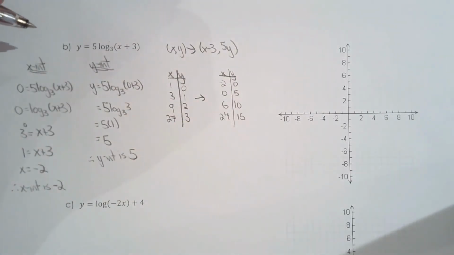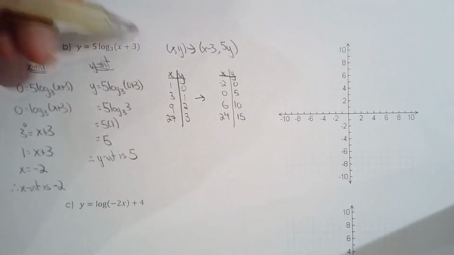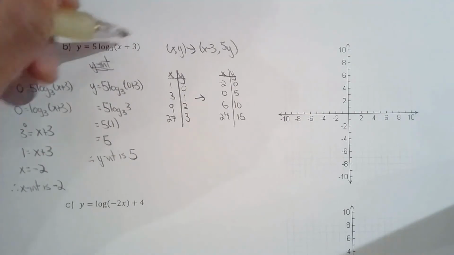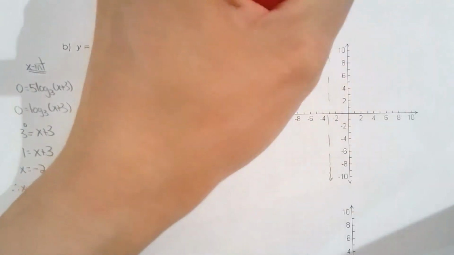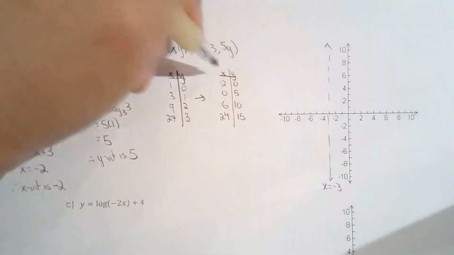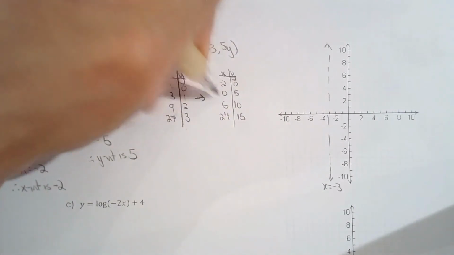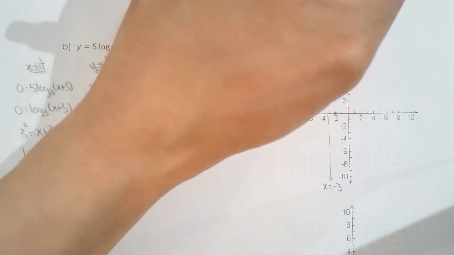Okay, so the first thing I'm going to do is sketch in this vertical asymptote. So I went 3 to the left, so now it's going to be at x equals -3. And let's plot those points. Oh, what do you know? X-intercept, y-intercept, I can see them from the table. So x-intercept of -2, y-intercept of 5.